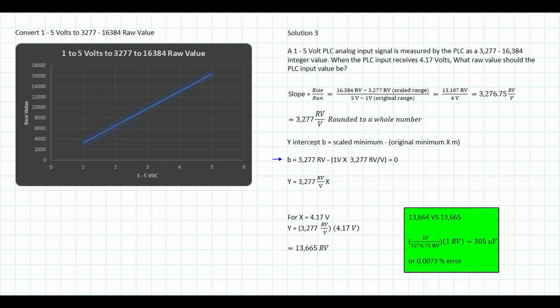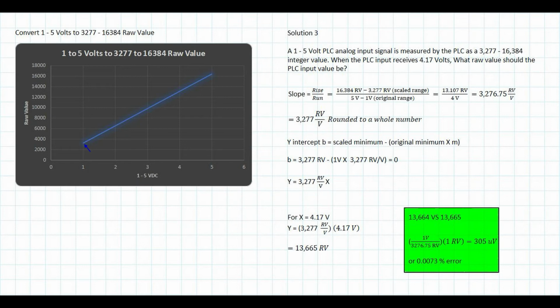We've looked at several of these conversions, and this one is curious because we can clearly see on the graph that we have contribution from both the scaled minimum and the original minimum, and yet we find a y-intercept value of 0. So then the question is, why?